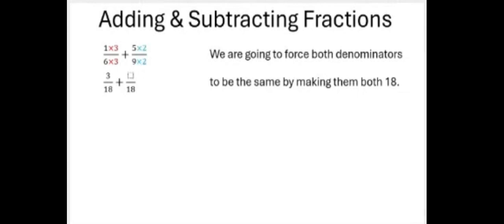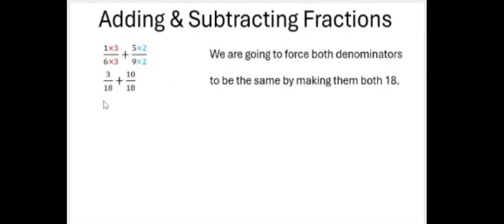So I multiply the bottom by 2 and the top by 2, and I get 5 times 2 is 10. And there, I have turned 1/6 into an equivalent fraction, 3/18, and 5/9 into an equivalent fraction, 10/18.